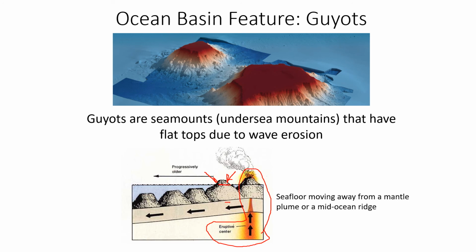And then as this oceanic plate moves away from the eruptive center, it cools off, and as it cools off, it shrinks and compresses, and that in effect pulls the guyot into deeper and deeper and deeper water. So in this diagram down here, this would be a guyot, this would be a guyot, this would be a guyot, and these two volcanoes, an active volcano and an inactive volcano, would be oceanic islands.